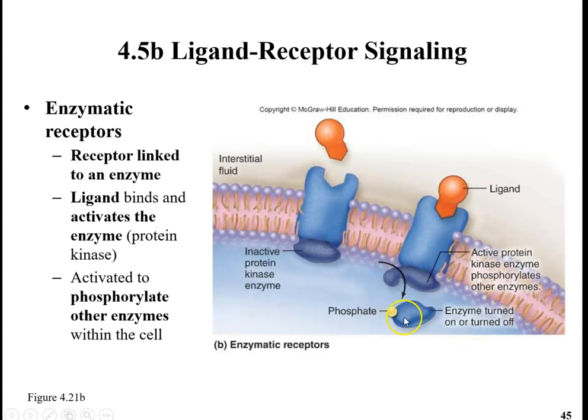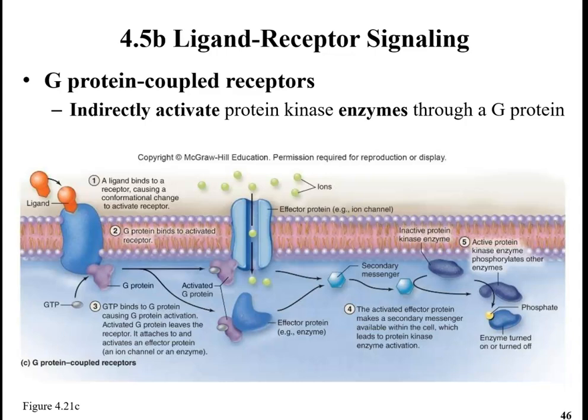So they go on to do what kinases do, and add phosphate groups to other enzymes within the cell. Okay, the third type of receptor to be aware of is the G protein coupled receptor. So what this does is indirectly activate protein kinase enzymes through a G protein.